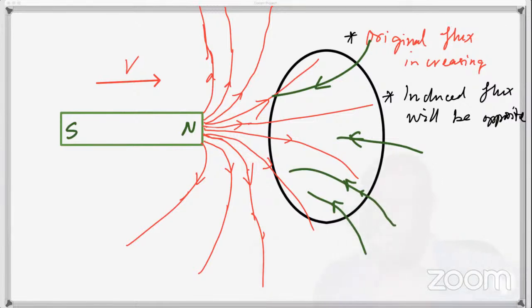And if you apply the right-hand rule for the magnetic fields and current, you will notice that for this to happen, your current will have to go in the counterclockwise direction.